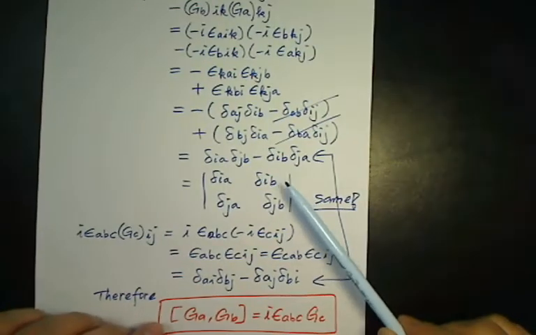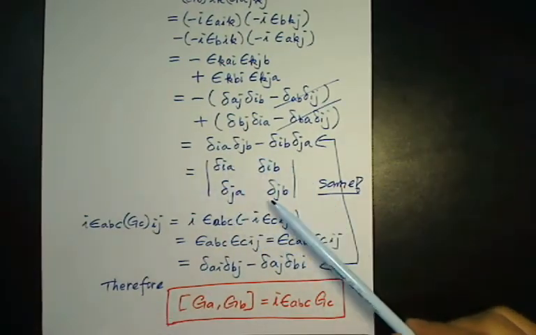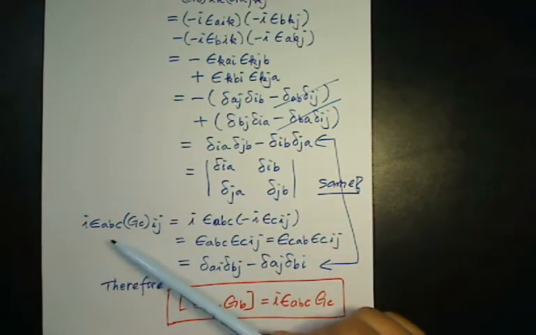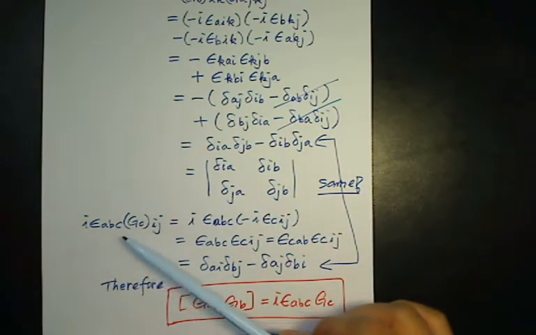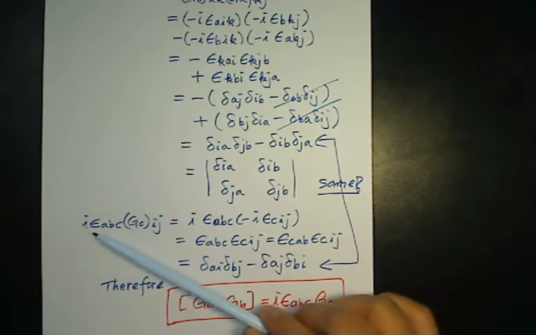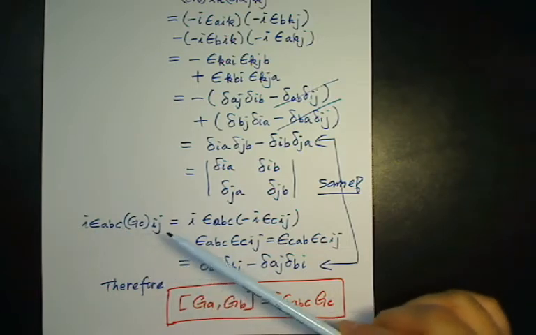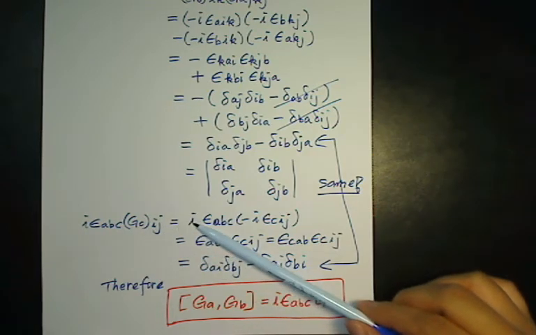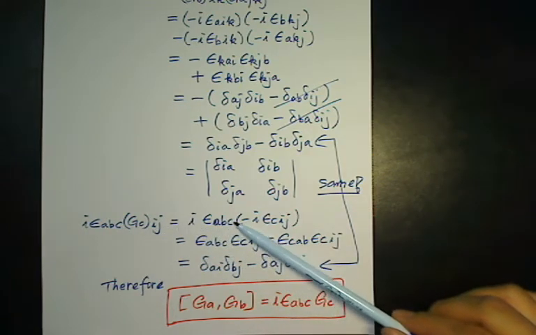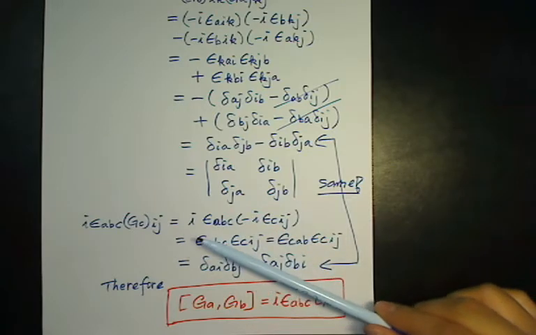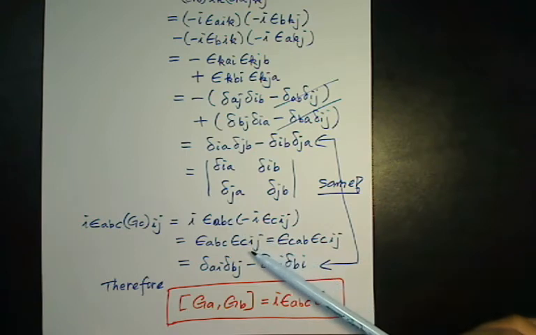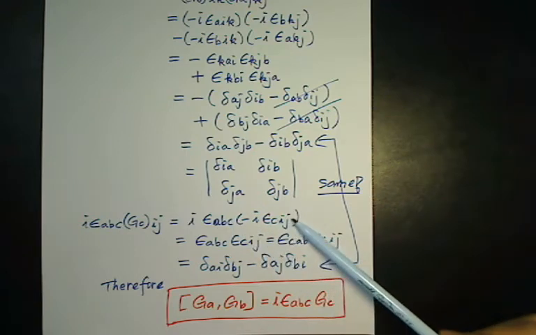It can be expressed as a determinant of a 2 by 2 matrix, but we can simply compare with the right side of the previous formula, epsilon ABC G C ij equals i epsilon ABC, minus i is a plus, ABC C ij.